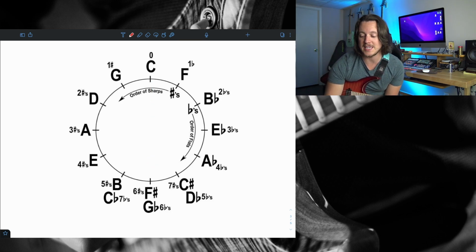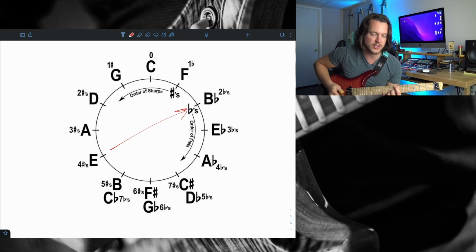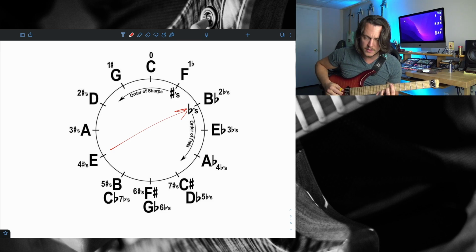I'll give you a good example. I'm going to start this in the key of E, and I'm going to go directly over to the key of B flat. So this is Don't Know Why by Norah Jones.